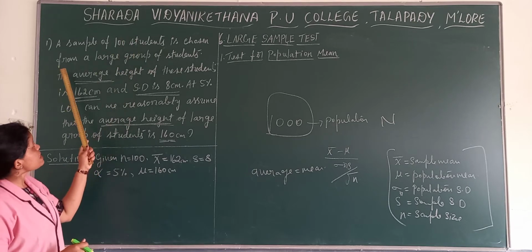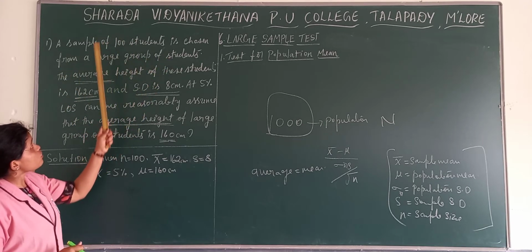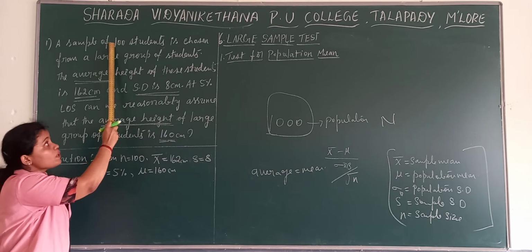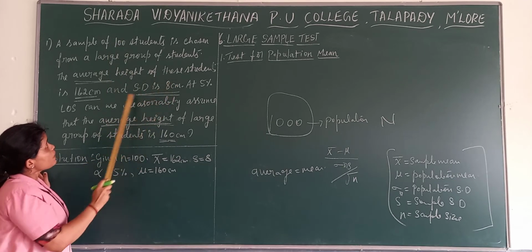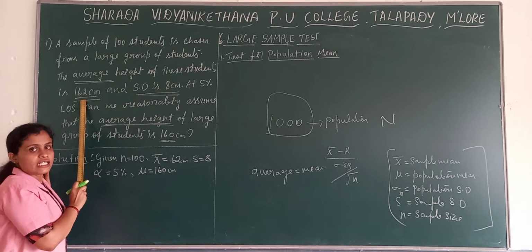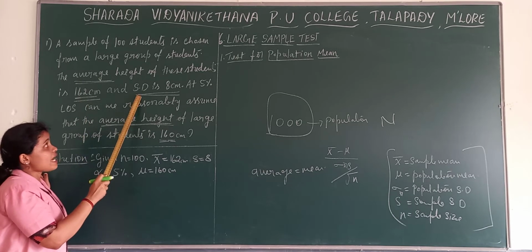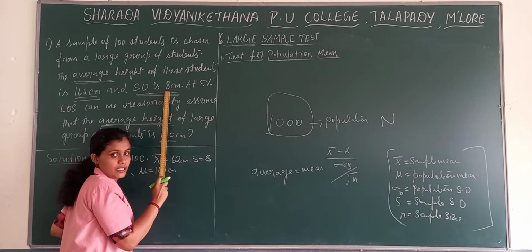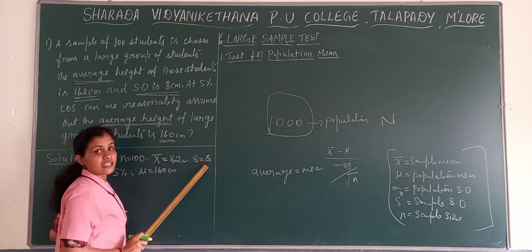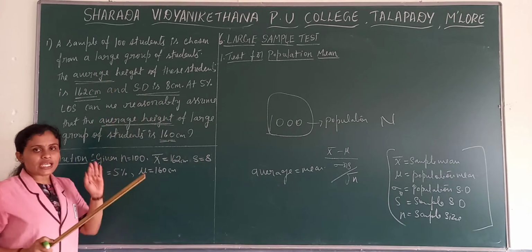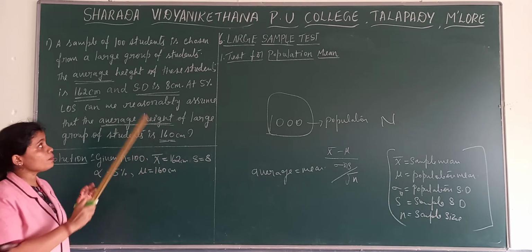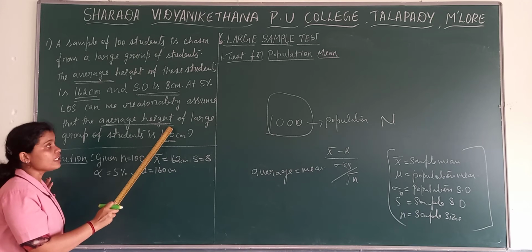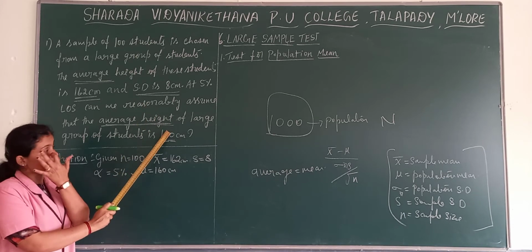In the sentence, the average height of these students means the sample mean, which is 162, that is x bar. And once again, only the sample standard deviation is given here, that is 8 centimeter. If the population standard deviation were given, it would be here with the population information.